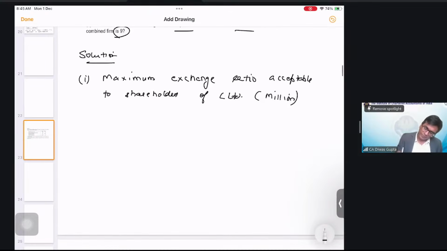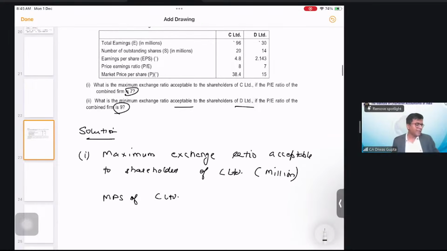MPS of C Limited, which is the company actually acquiring D Limited, is 38.4 per share, given in the question. Number of equity shares of C Limited is also given in the question: 20 million shares are outstanding. So 20 is the number of equity shares.